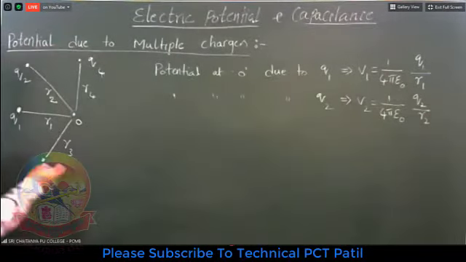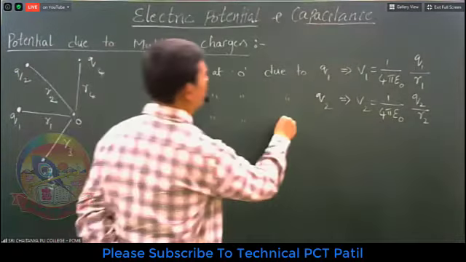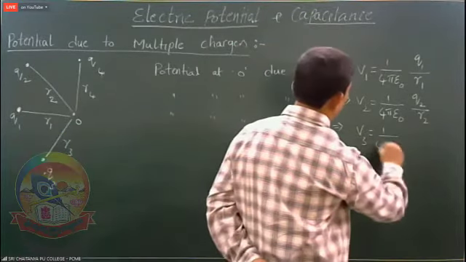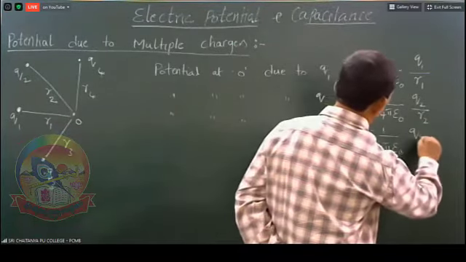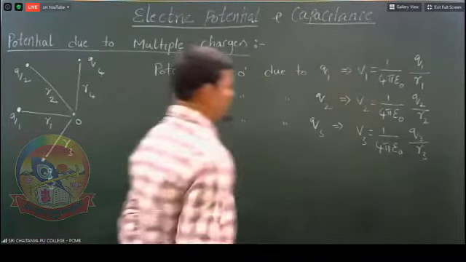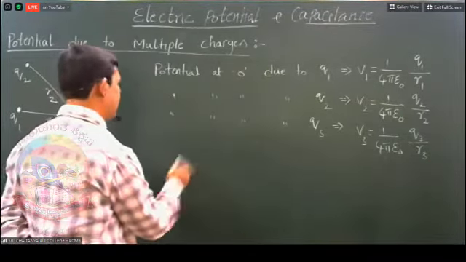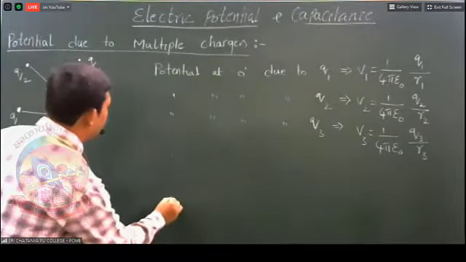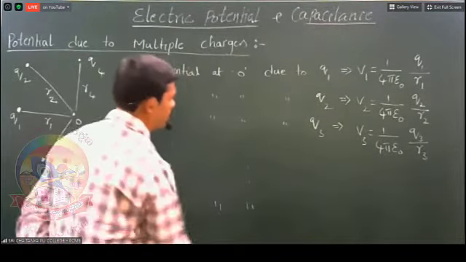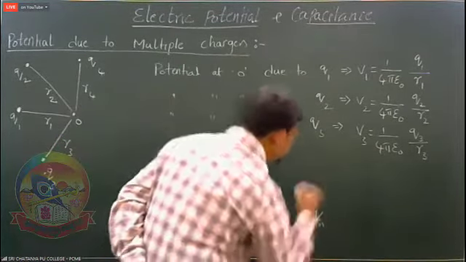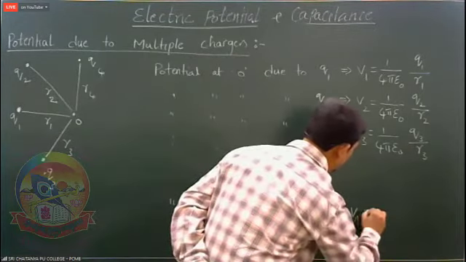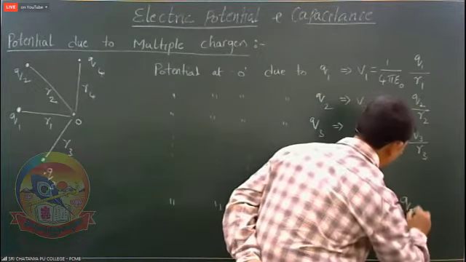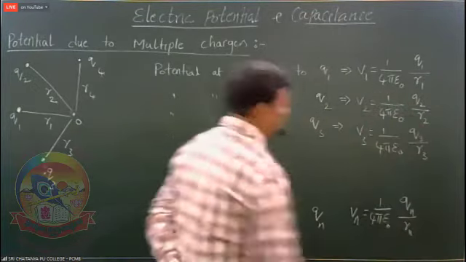In the same way, potential at O due to Q3, V3, is 1 by 4 pi epsilon naught Q3 by R3. Like that, due to n number of charges, potential at O due to Qn, Vn, is 1 by 4 pi epsilon naught Qn by Rn.